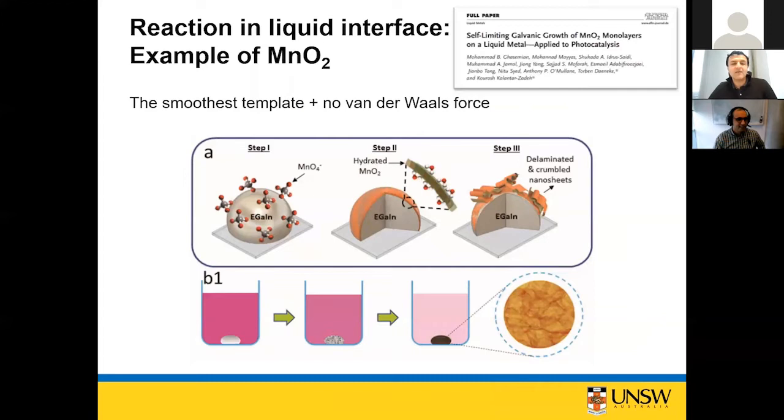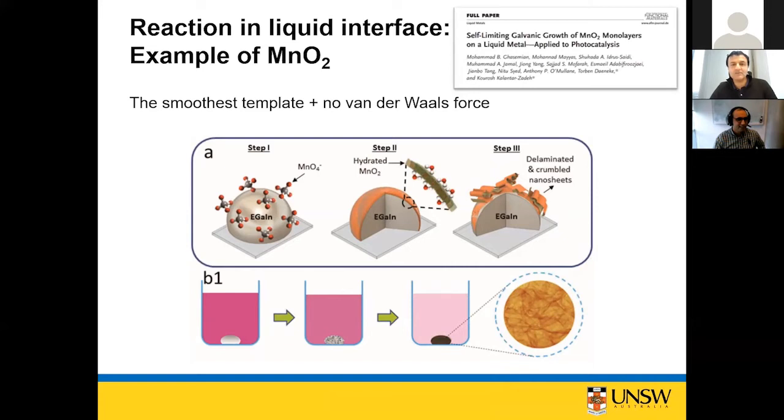If we have potassium permanganate on the surface, the ions come near the surface and produce manganese oxide, two-dimensional materials which are self-limiting. They gradually exfoliate themselves from the surface, and you can have this fluffy two-dimensional manganese oxide growing, stacking on top of each other.